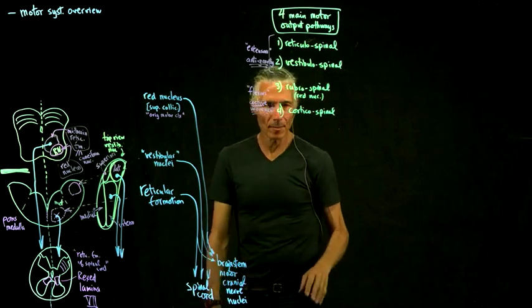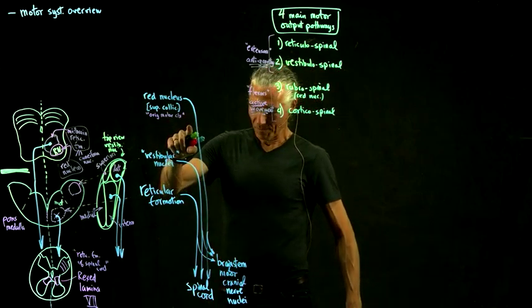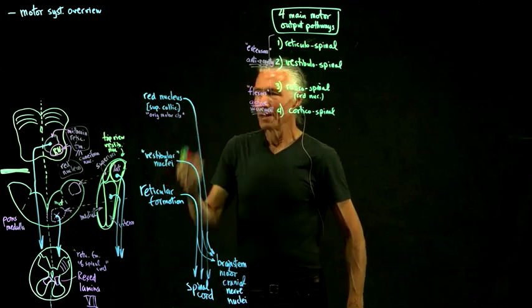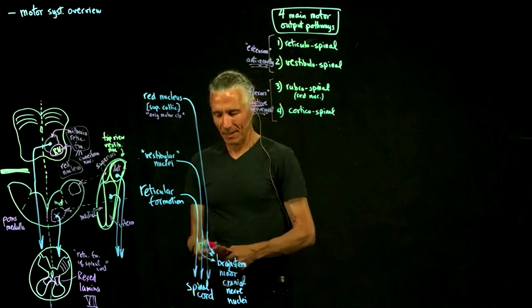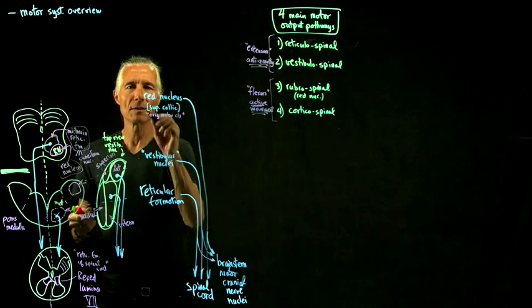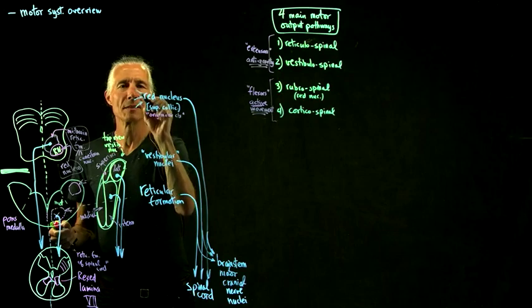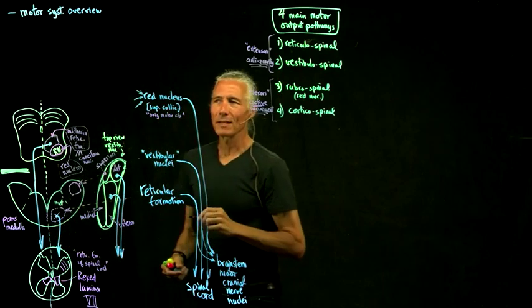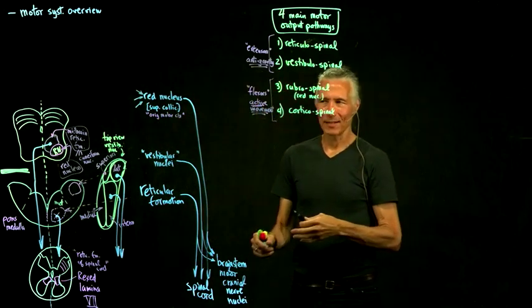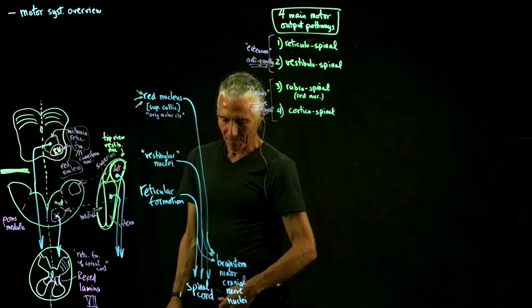It can move the entire body. And that was kind of like the original motor nucleus. The red nucleus gets all different kinds of input. I won't draw all its input, but it gets a lot of different inputs. So we're just talking about the last output stage for the most part here. So that's the red nucleus.